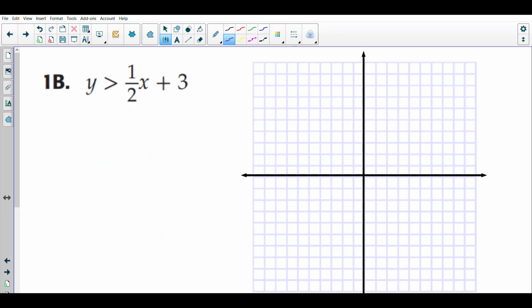Okay, again, now y is greater than 1/2 x plus 3. Well, this is in y equals mx plus b form. I'm going to stick with it. Okay, so start with your intercept 3. Then your slope up 1 over 2, and now it's just a greater than symbol, no equal sign, so I'm going to use a dash line.